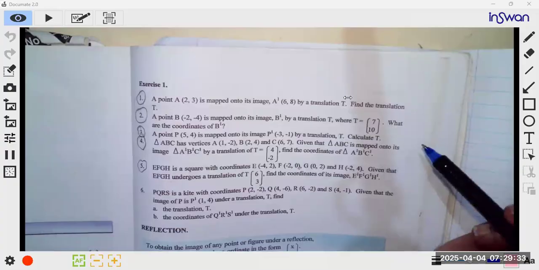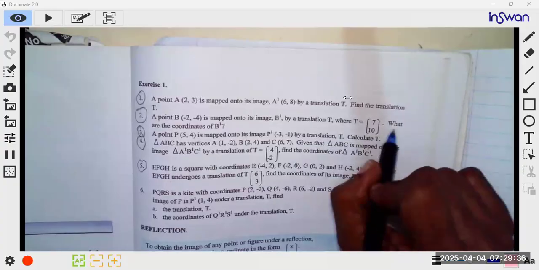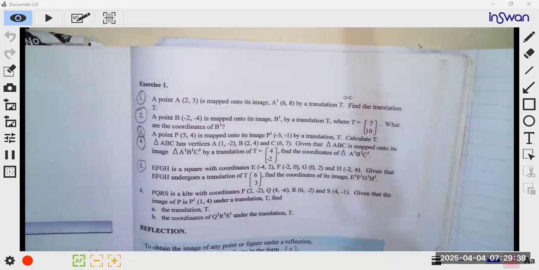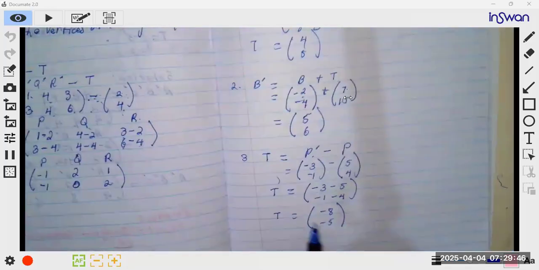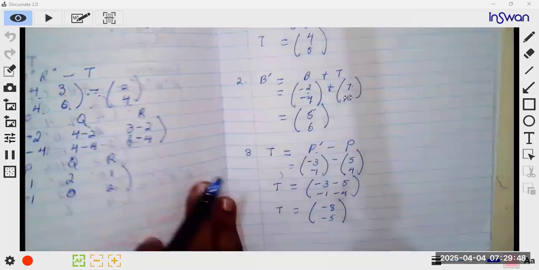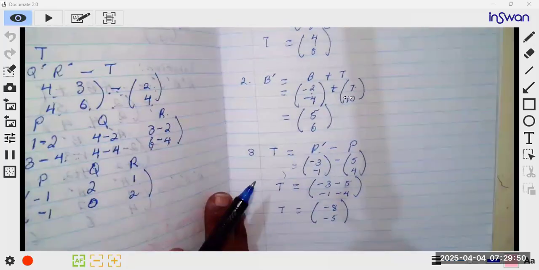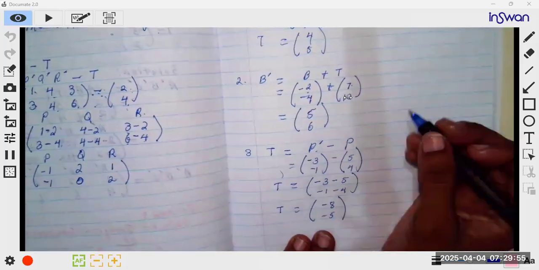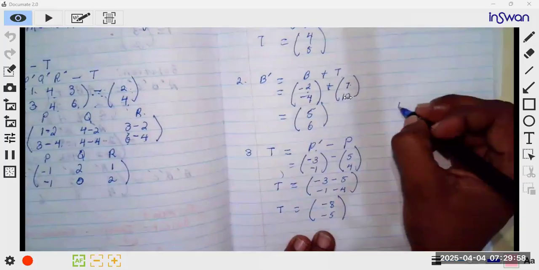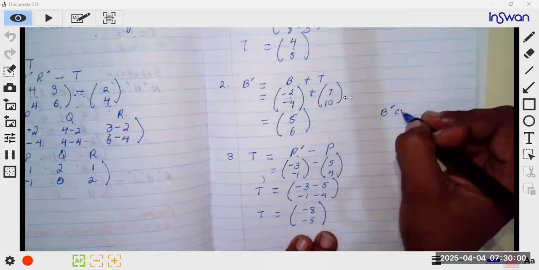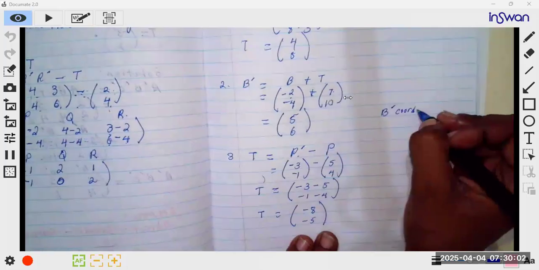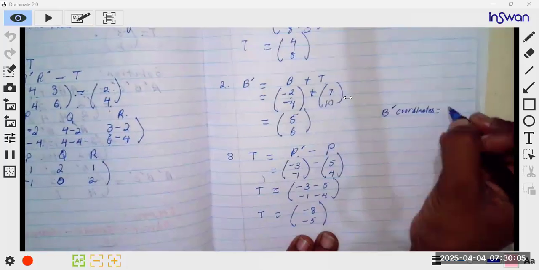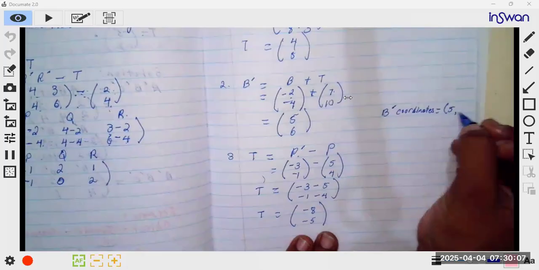Now there's a difference between the vector and the coordinates. In number 2, they wanted to find B prime as a coordinate, so you'll put B prime coordinates down like this, 5 and 6.